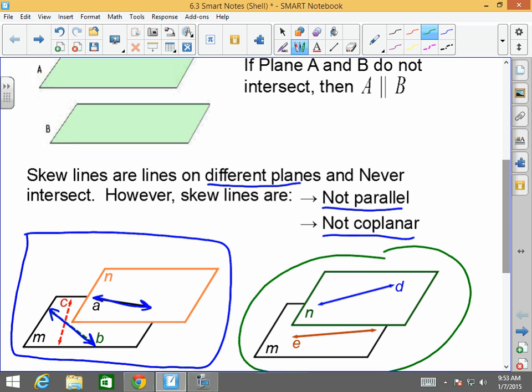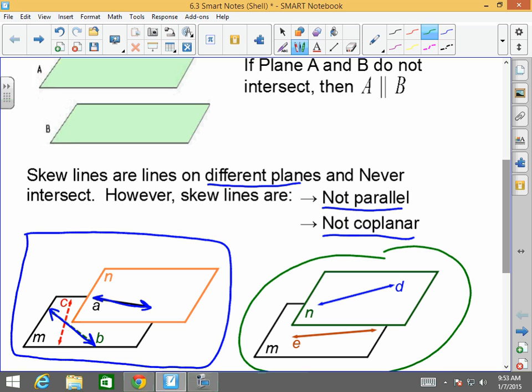So this is very, very important. I think that's the hardest part of this section, to understand the difference between parallel lines and skew lines. Skew lines, again, are not coplanar, and since they're not coplanar, they're never going to intersect. But that does not make them parallel.